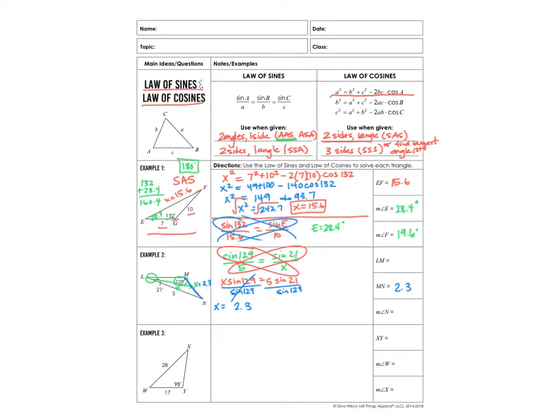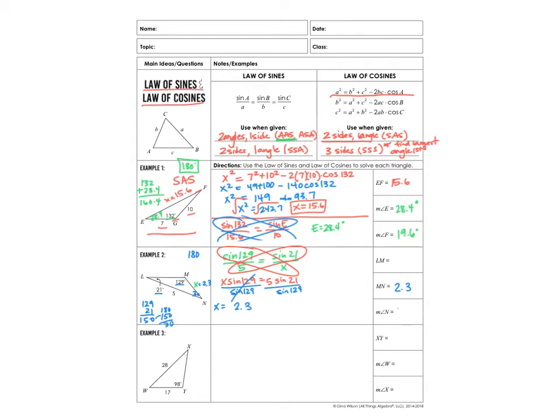Now, in order to do the other, we need to know the angle measure. We can easily find the angle measure because we know this is 129 and that's 21. So that gives us 150, and the total, remember, is 180. So 180 minus 150 is 30.